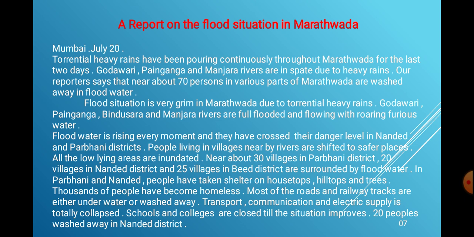Most of the roads and railway tracks are either under water or washed away. Transportation, communication, and electric supply have totally collapsed. Schools and colleges are closed till the situation improves. 20 people washed away in Nanded district.